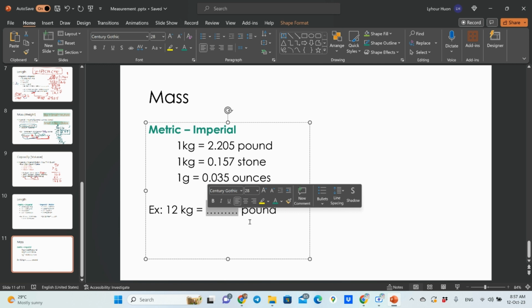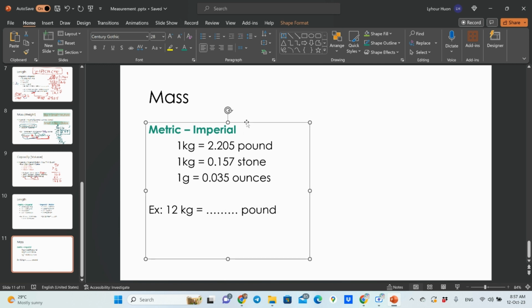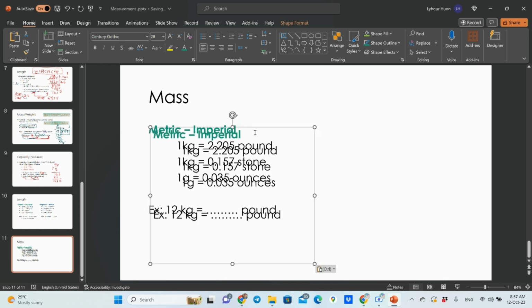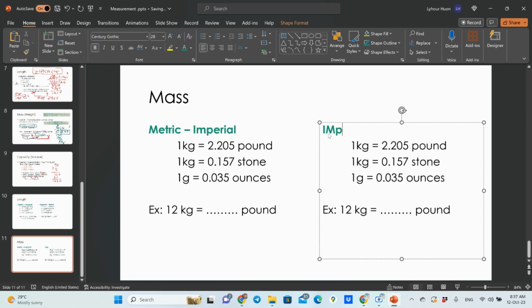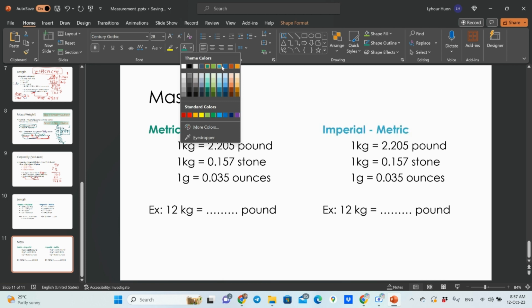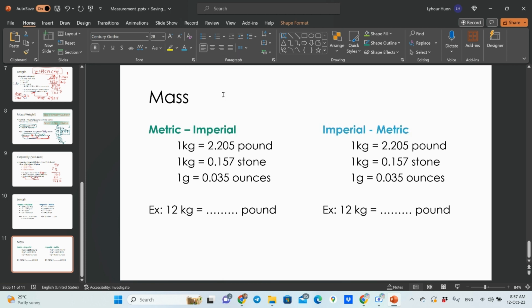It's equal to 26,460. Do we have a decimal?